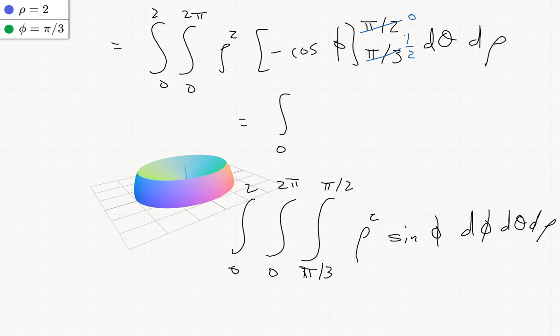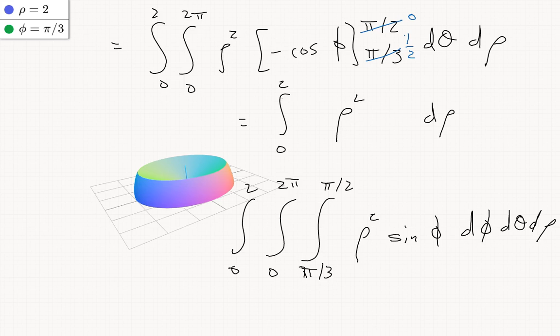So that's integral 0 to 2, integral 0 to 2 pi of rho squared over 2 d theta d rho. Since theta isn't part of this, we'll just pull out a 2 pi.